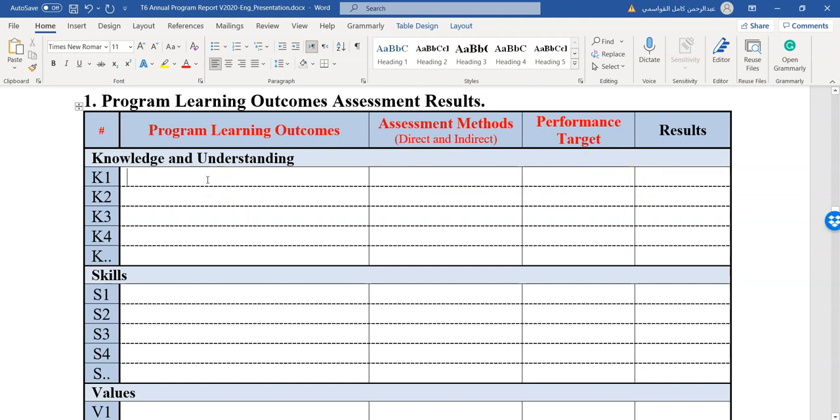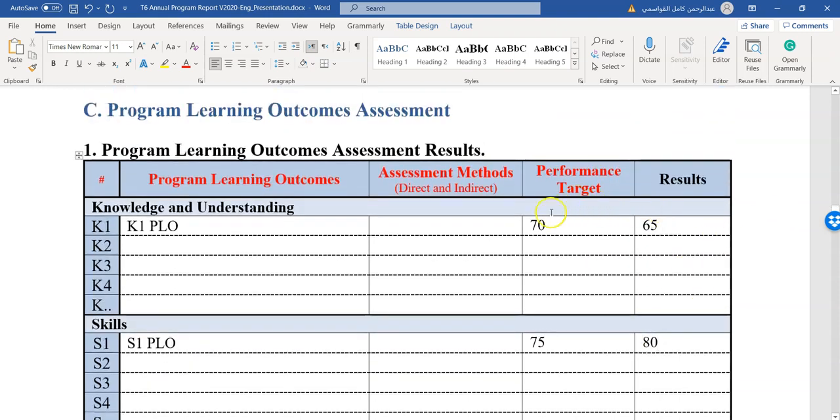For example, this is K1 program learning outcome. The target is 70 and the result is 65. For skills, for example, S1 program learning outcome, the benchmark 75, the result is 80, and so on.